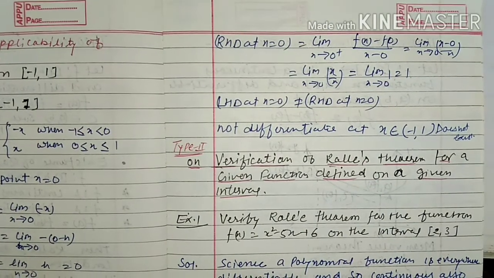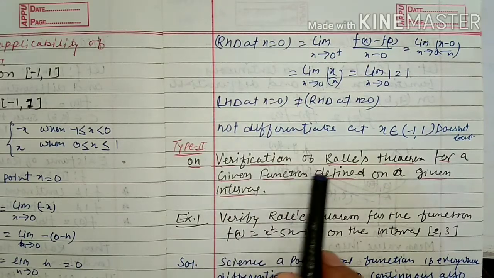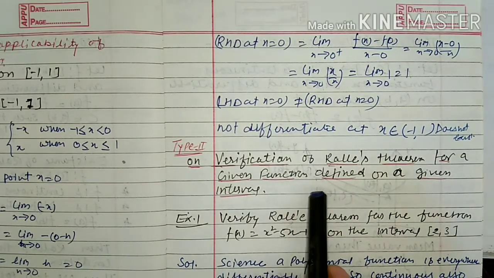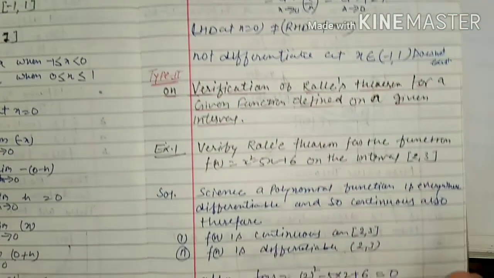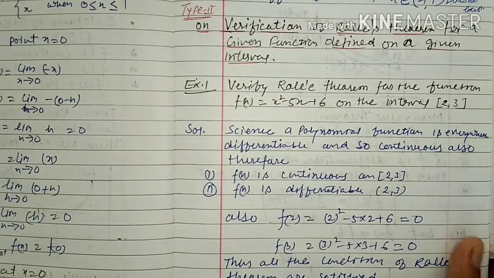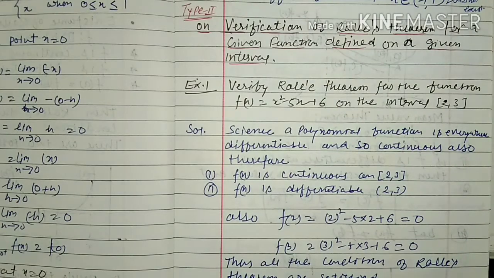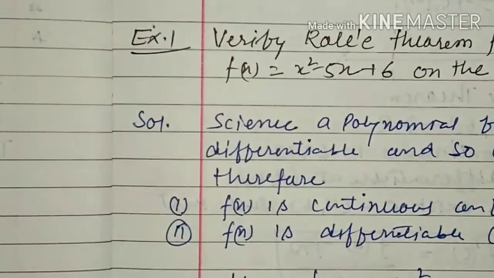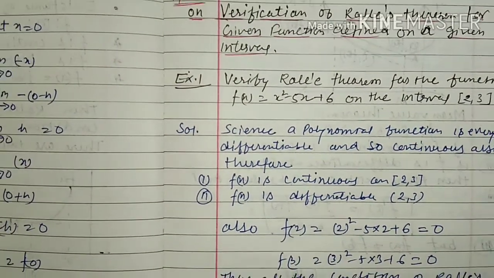Now the second type of question we have is the verification of Rolle's theorem for a given function defined on a given interval. So we have to verify Rolle's theorem. Clear? For that, first of all, the same conditions. We have been given a function that is a polynomial function. So we know that the polynomial function is continuous and differentiable.